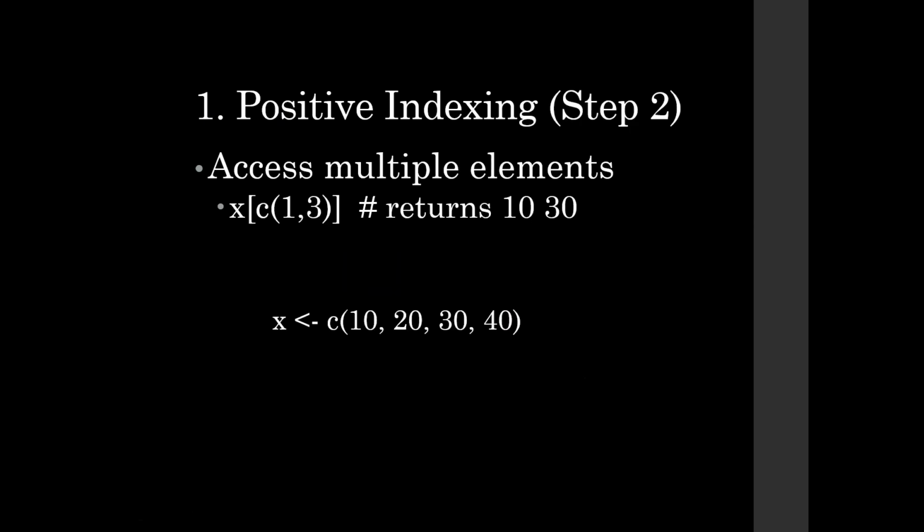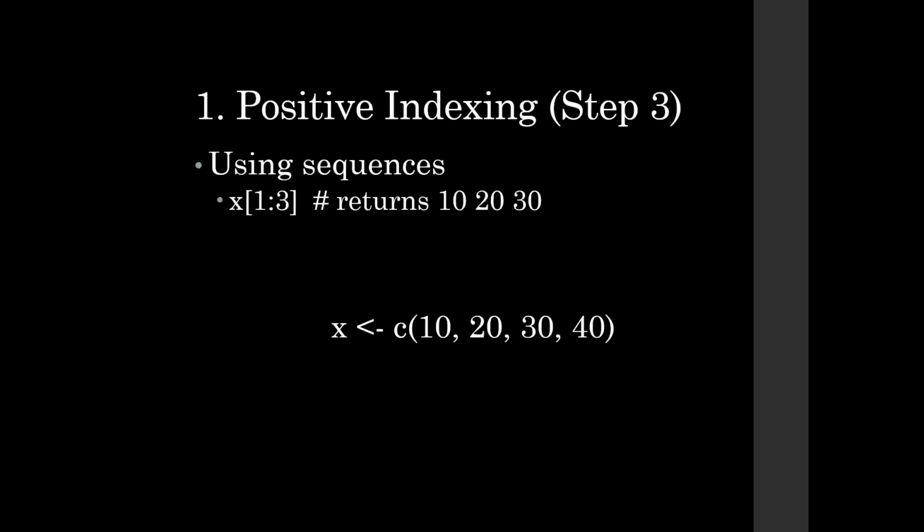Now you can also access multiple elements by using the same syntax, but inside the square brackets, you have to supply the vector of indices. So x followed by square brackets, and inside the square brackets, you will provide a vector that combines 1 and 3. So it will return the values in the first and the third position, returning 10 and 30.